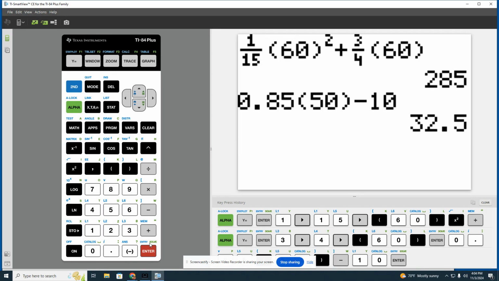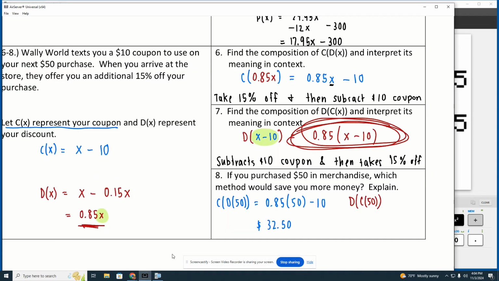Now let's do the other one. Now let's do D of C of 50. So I'm going to go back to this equation that I've circled, and I'm going to do D of C of 50. I'm going to plug 50 into that equation.